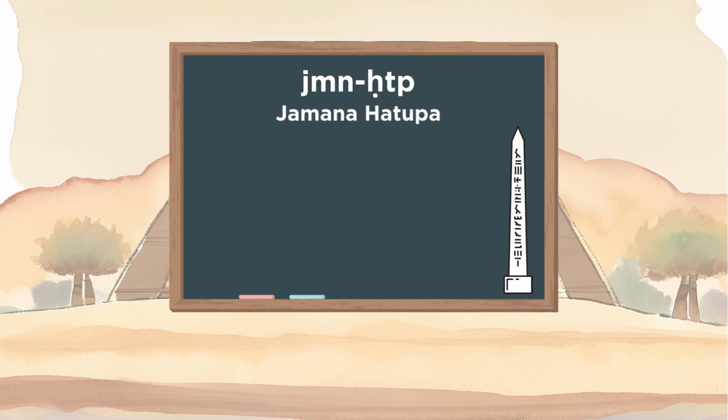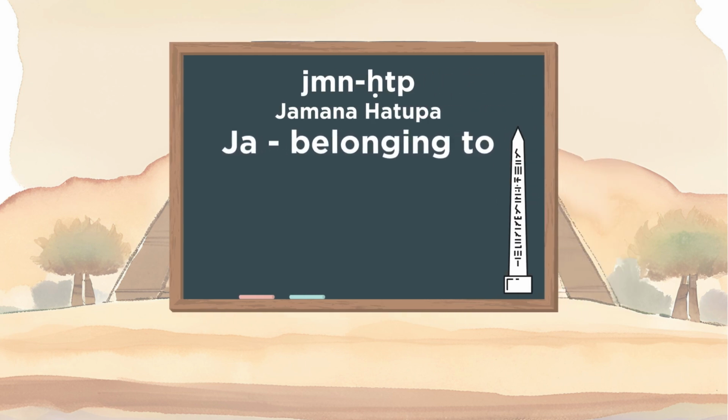The oversimplified meaning of Jamana expresses the concept of perfect completion, closure, or settlement, not to be opened again. Basically, it means something has been settled in absolution. Ja is a synonym meaning to belong or belonging to.